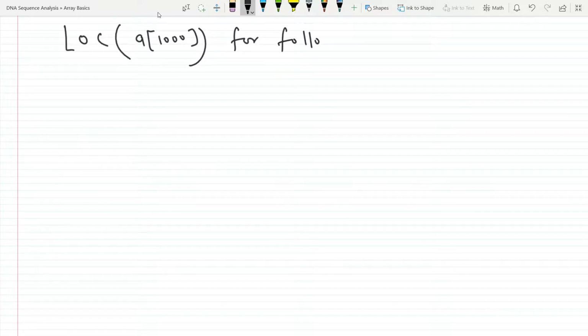The question says to find the location of A of 1000, like this, for the following C declaration.